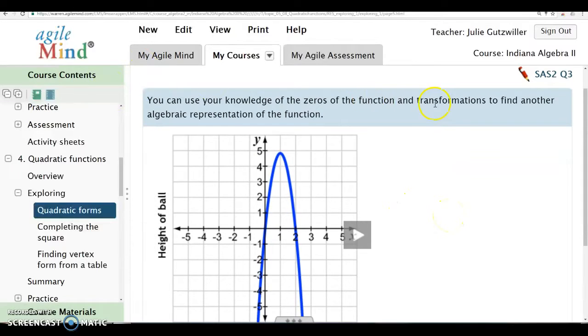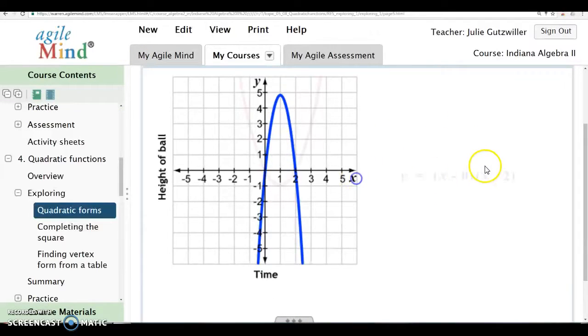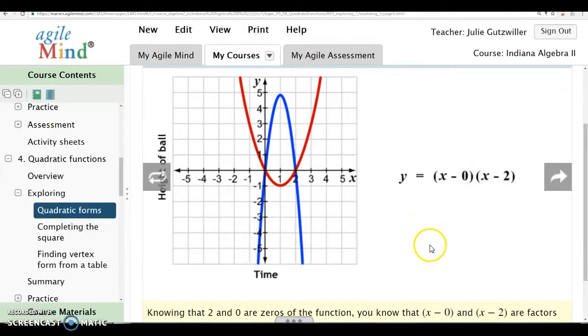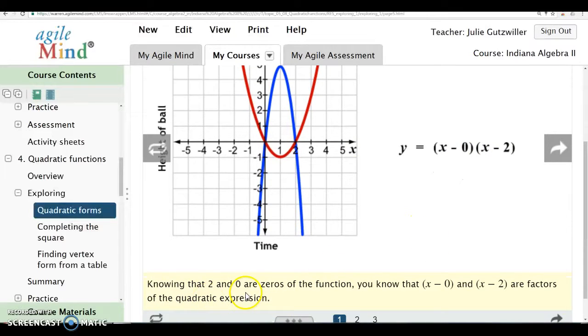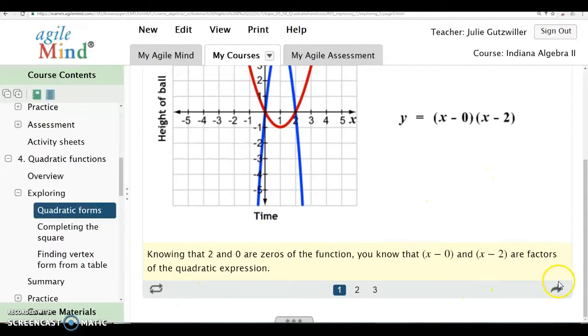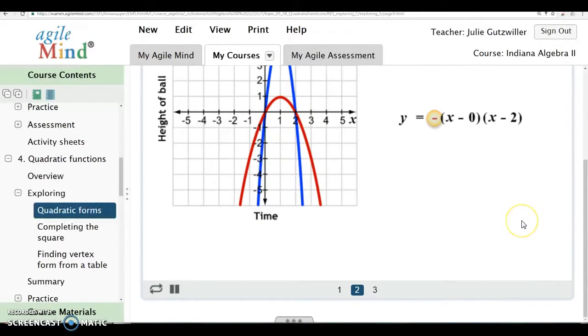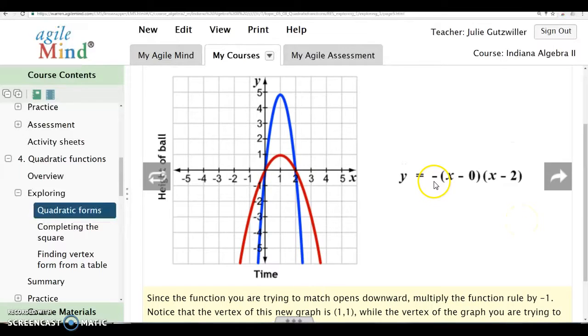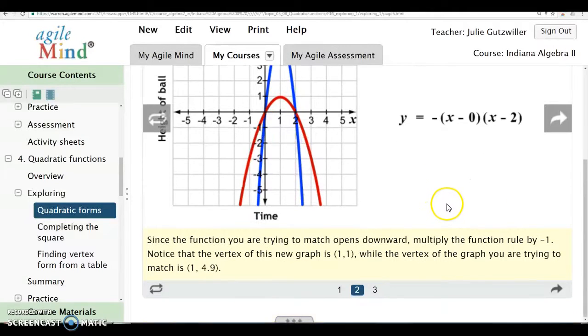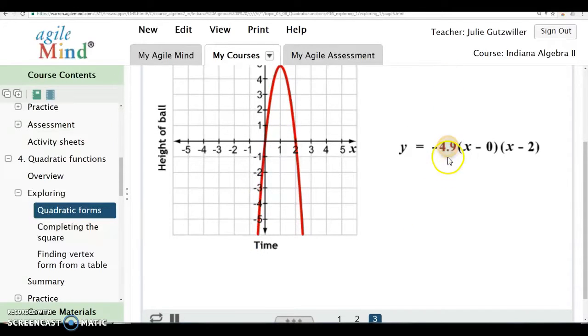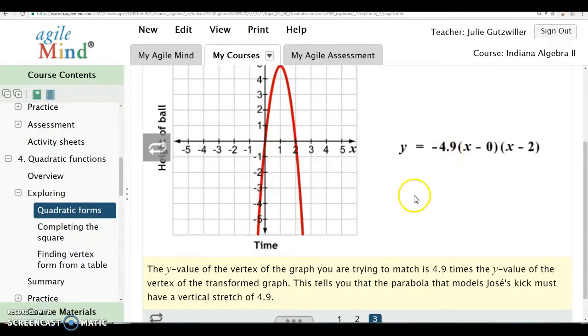So it says you can use your knowledge of zeros to find another algebraic relationship. Okay, so know that 2 and 0 are the zeros, so you know x minus 0 and x minus 2 are factors of the quadratic. If you don't remember how to do that, we'll talk about that Monday. Then, go to the next one, we're going to flip it over. Then, we need to stretch it up.